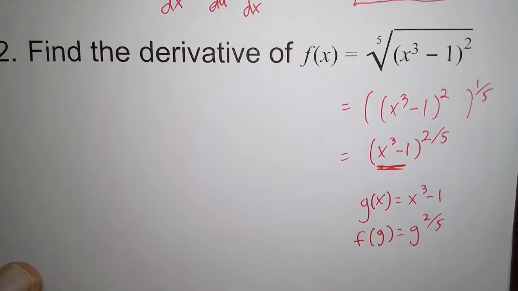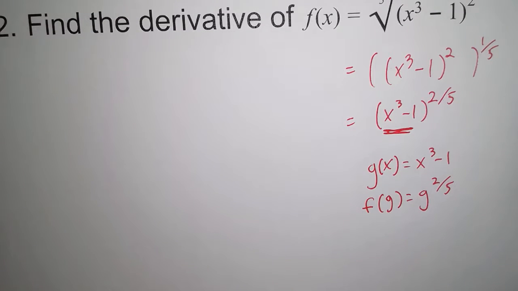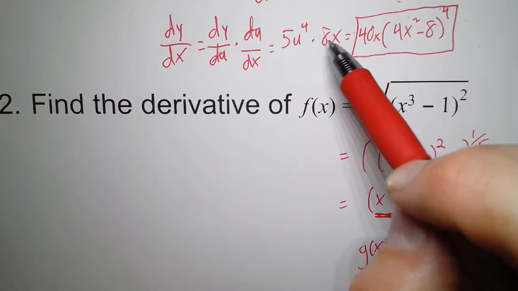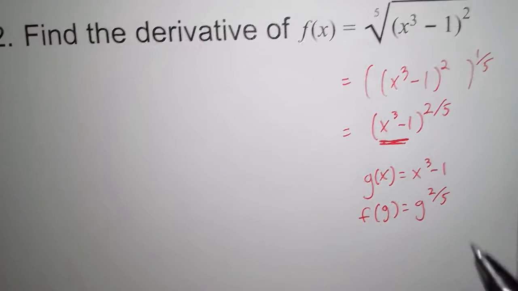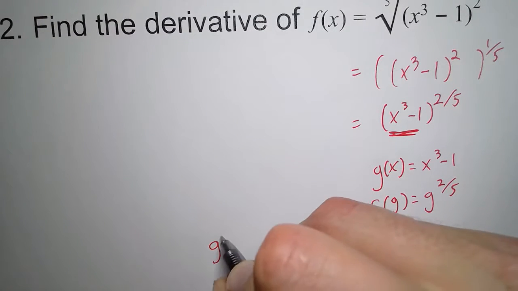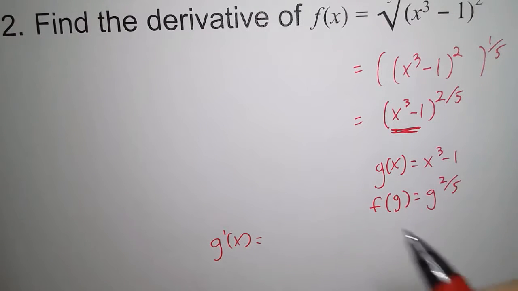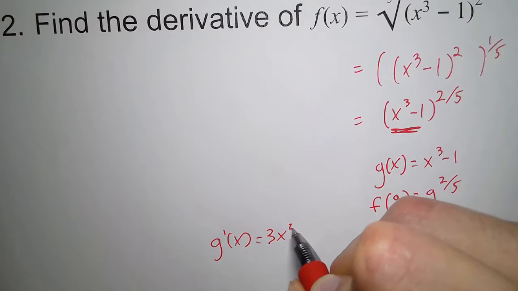So, how do we get f prime of x? Well, we're going to do the same thing that we did up here. Here we multiplied the two derivatives. So first we find g prime of x. And so power rule says that this is 3x squared.